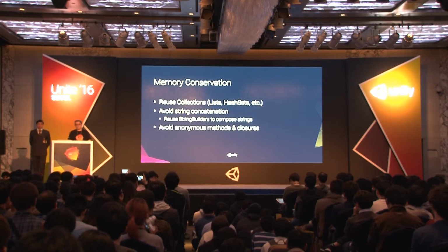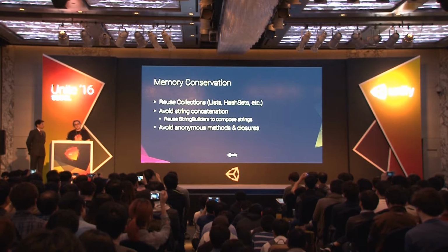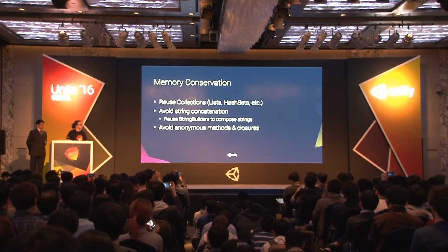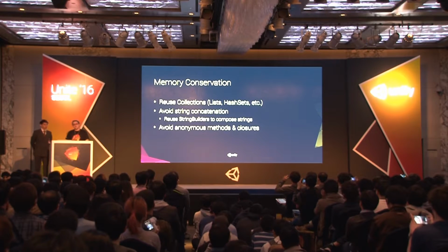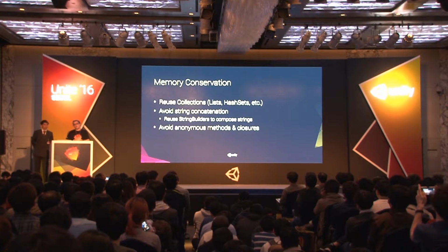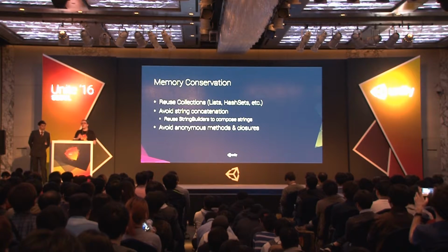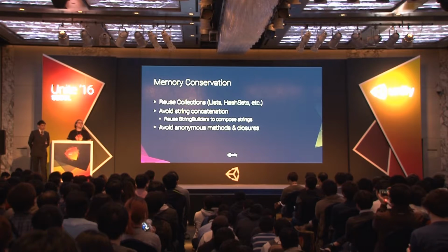So how can we stop these temporary allocations? Very simple things you can do, which people seem to forget, is you can reuse your generic collections, your lists, your dictionaries, your hash sets. So if you call .clear on them, it will remove the content, but it doesn't deallocate the memory, so you can just reuse the collection.